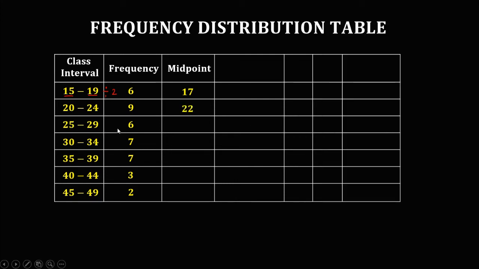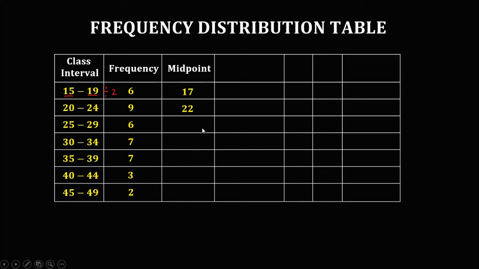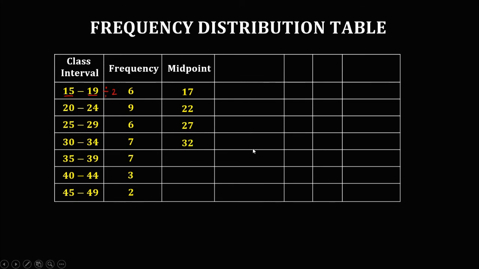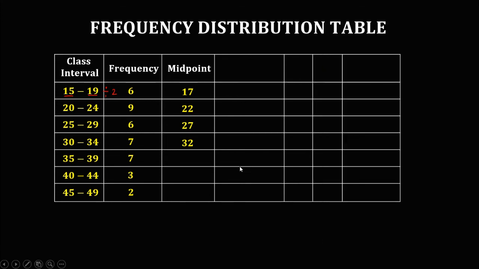For the third class, 25 plus 29, divide by 2, that's 27. Then 30 plus 34, divide by 2, that's 32. Then 35 plus 39, divide by 2, that's 37.